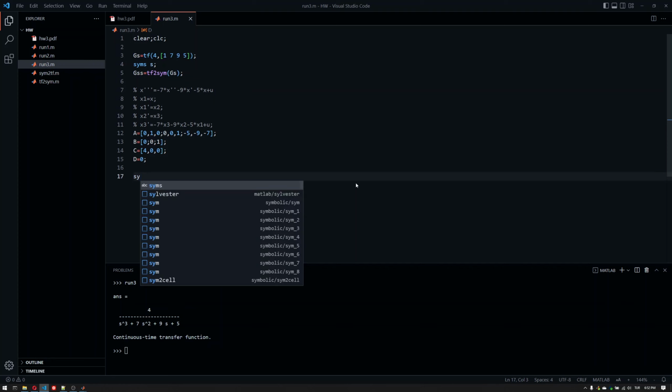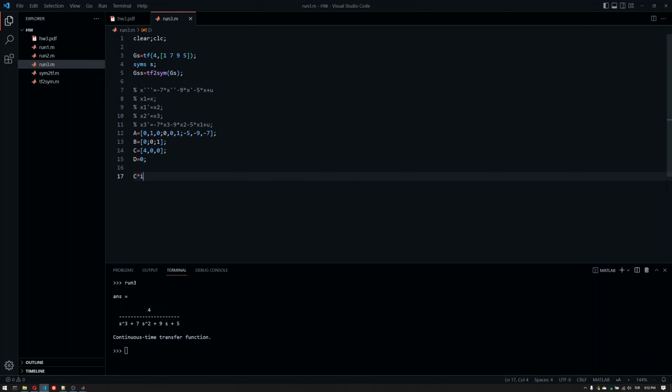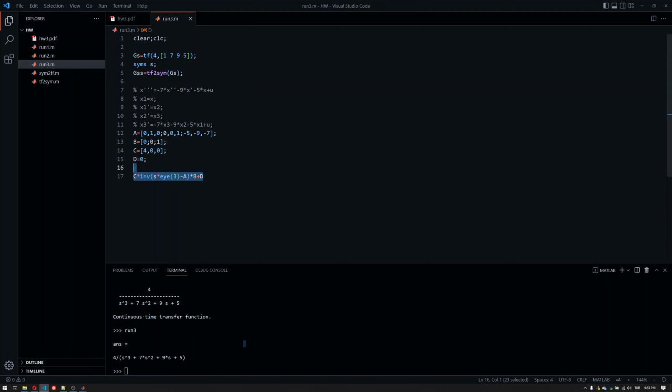And if you want to use the symbolic toolbox, what you can do is C times inverse of s times the identity matrix 3 minus A, times B, plus D. So it's also possible to use the symbolic toolbox. It will give you the symbolic version of it. So, having said that, let's continue.